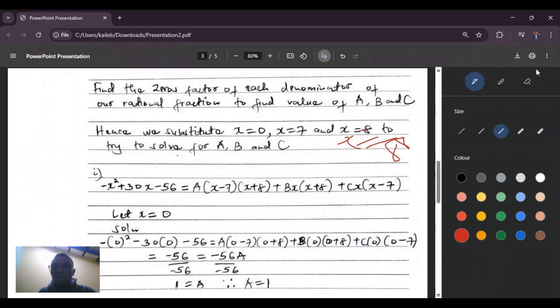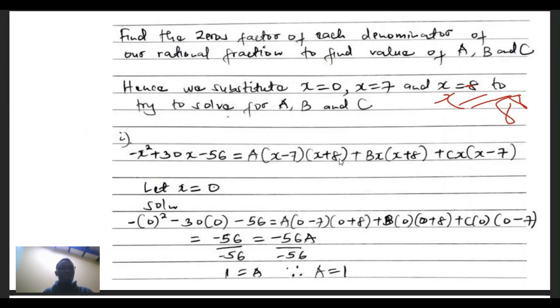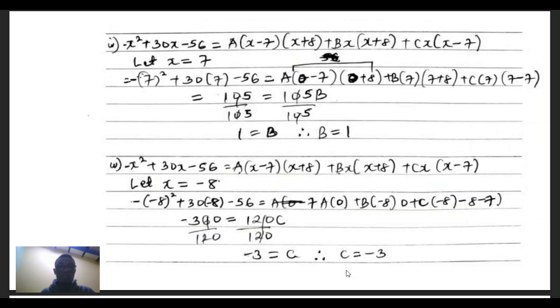I'll call it Roman 1. In our first equation, we let x equal 0, and we find the value of A being 1. Now let's solve for B, and we let x be 7. If we substitute on the left-hand side and right-hand side, we get the value of B being 1.